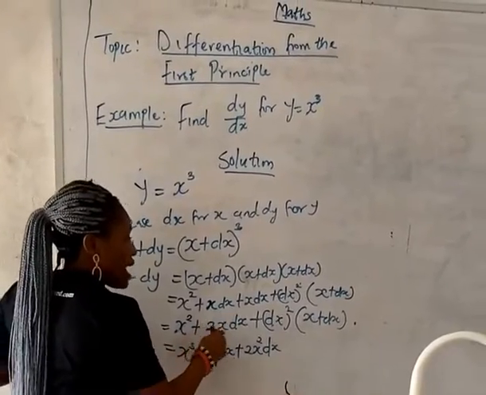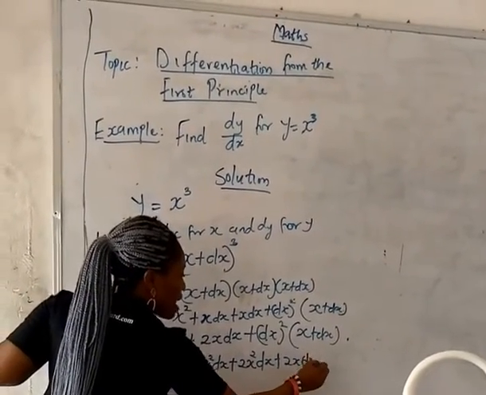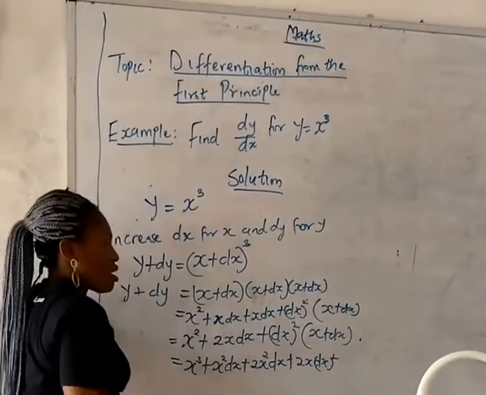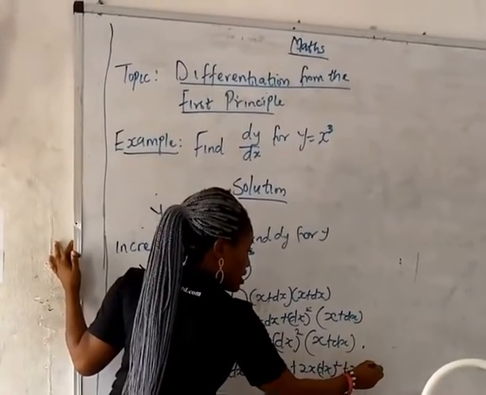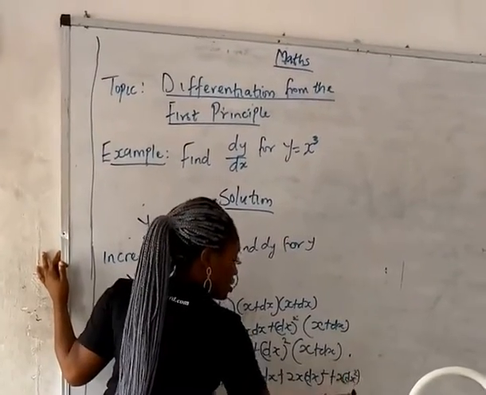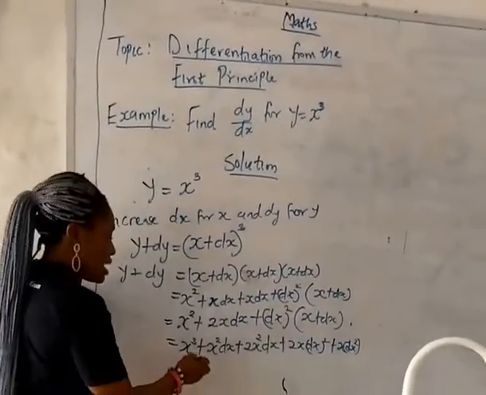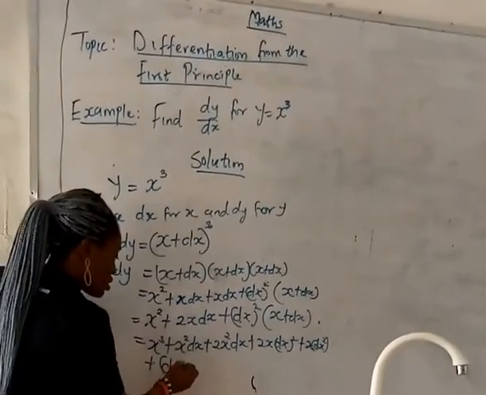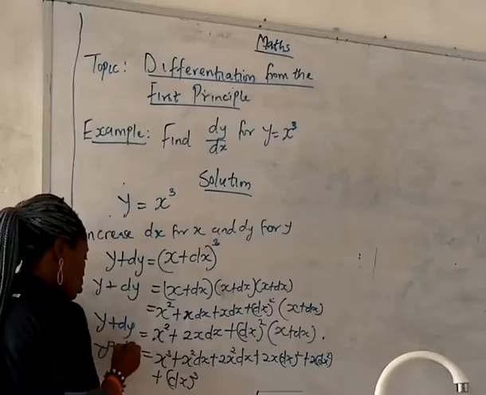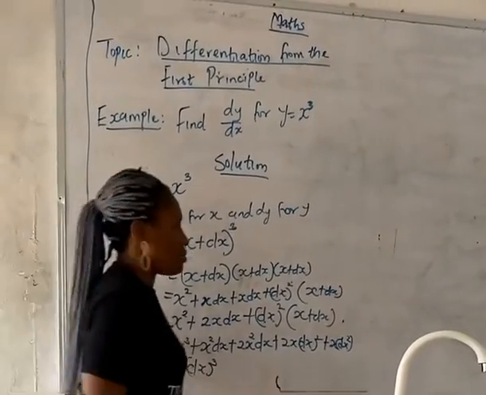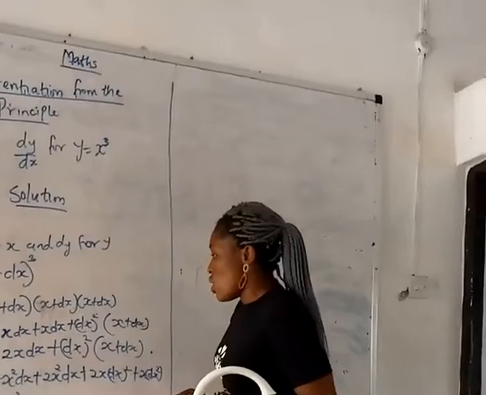Now 2x dx times dx will give us plus 2x dx squared. dx squared times x will give us plus x dx squared. Then dx squared times dx will give us dx cubed. So we are having y plus dy is equal to this answer. Then we're going to go to the next one, which is collection of like terms.